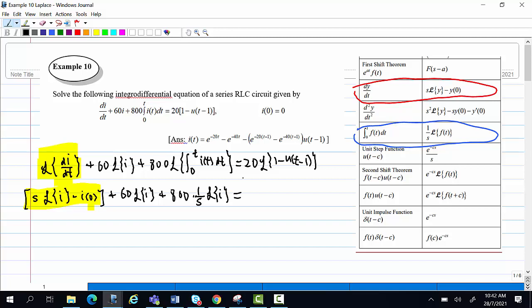Then on the right hand side, there is 20. Now, the Laplace transform of 1 we know is 1 over s.